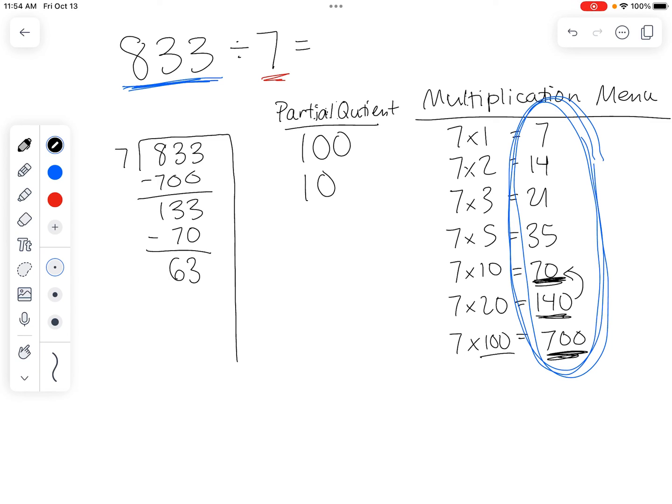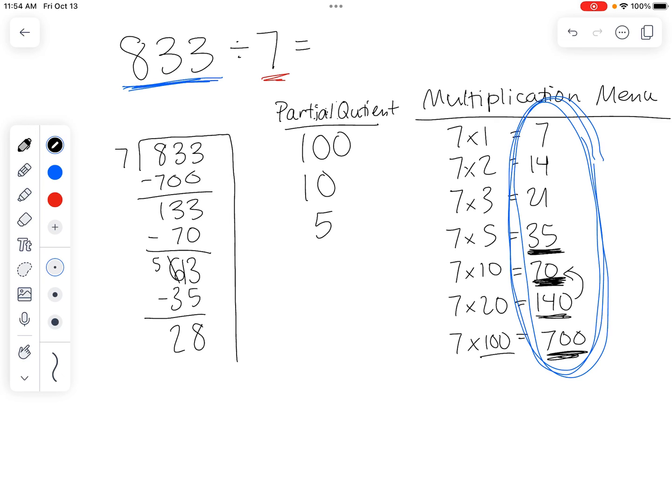Now I need to build 63 out of groups of 7. If I look at my multiplication menu, 70 is too big, but I can do 35, and that would be 5 more groups of 7. If I subtract it, I have 28.